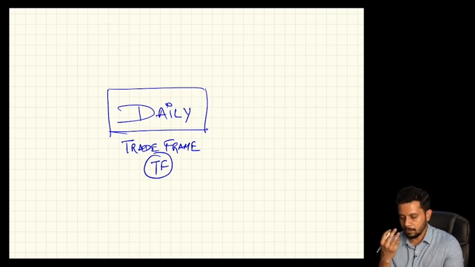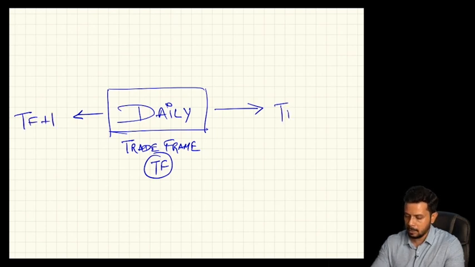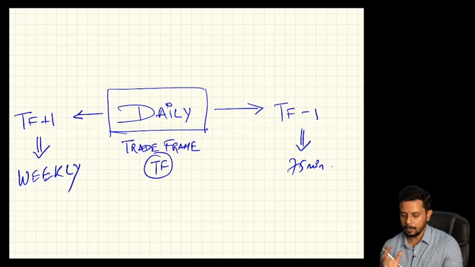So, if your daily is your trade frame, TF, I always suggest you keep an eye on TF plus 1 and TF minus 1. TF plus 1 is going to be your weekly and TF minus 1 is going to be your 75 minutes. So, whatever your TF or trade frame is, keep an eye on one time frame higher as well as one time frame lower.